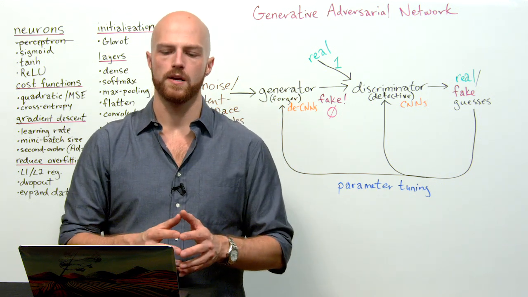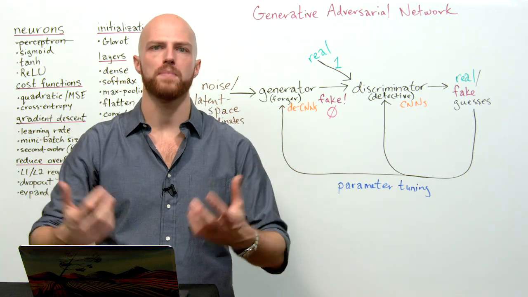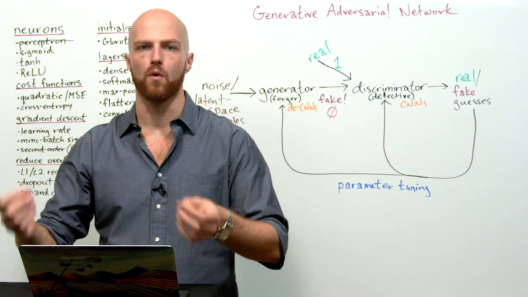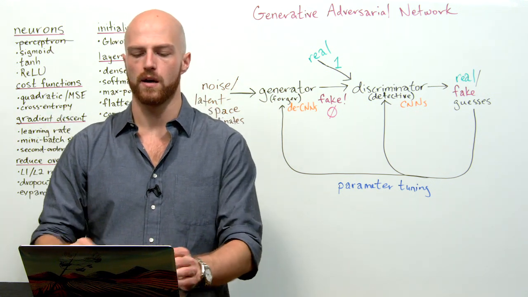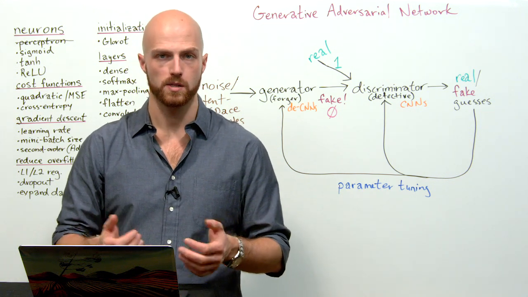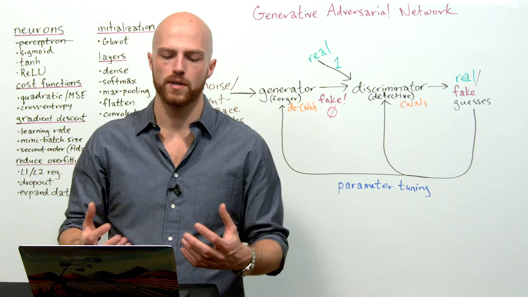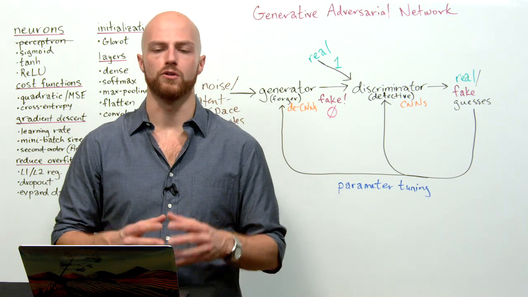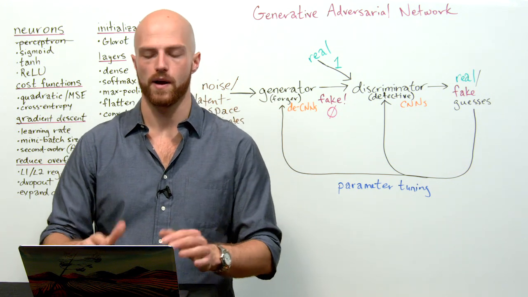What we're doing here is being very particular about the order in which things are happening in each layer. So we're saying, I want batch normalization to happen before activation. I want to be sure that I have control over that. So we're taking an extra level of specificity here, and part of why we're doing this is that generative adversarial networks are notoriously finicky, and so we want to make sure that we're doing everything correctly.